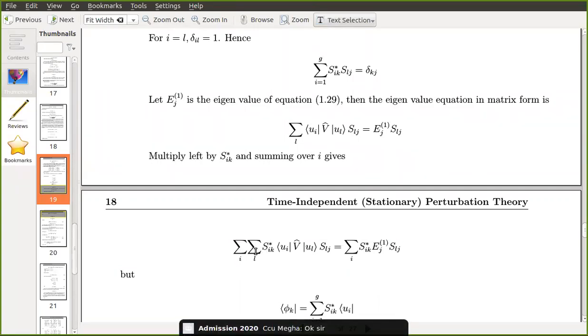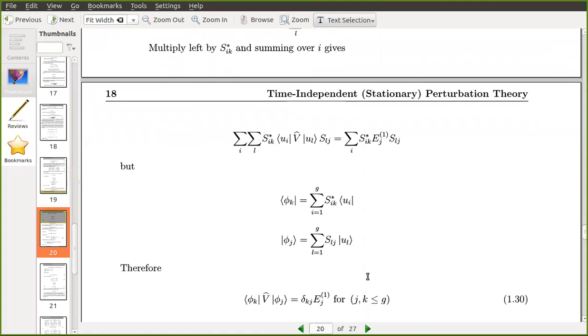This Sik star can be put inside the summation because there is no I here or there is no K here. So you can put Sik star inside the summation. So you put a sum over I Sik star on both the sides.